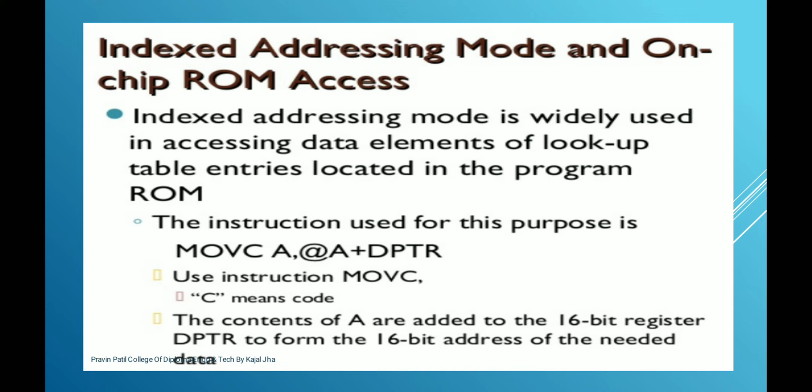So we use the instruction MOVC, where C means code. The contents of A are added to the 16-bit register, the data pointer, to form the 16-bit address of the needed data. To form the 16-bit address we use DPTR, because DPTR is a 16-bit register.